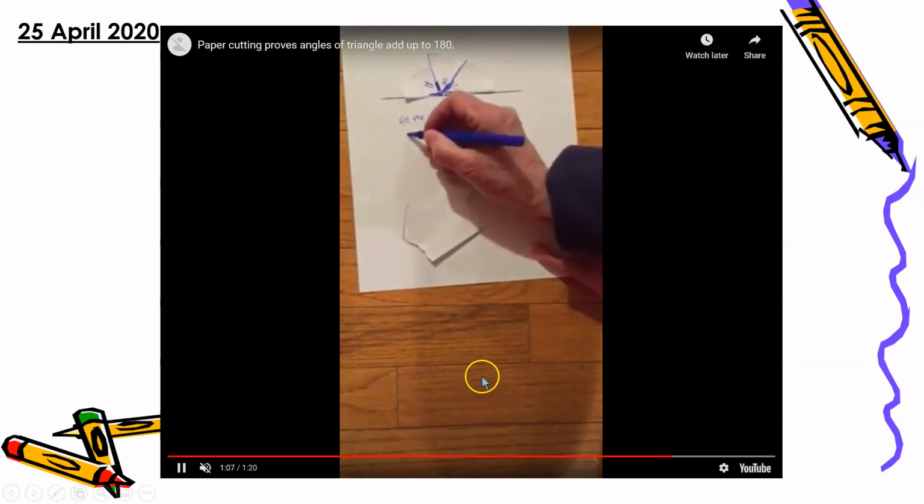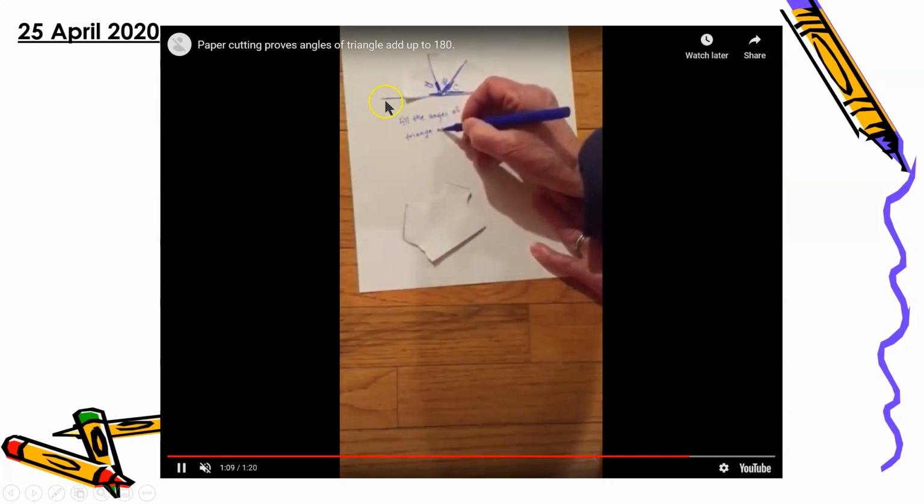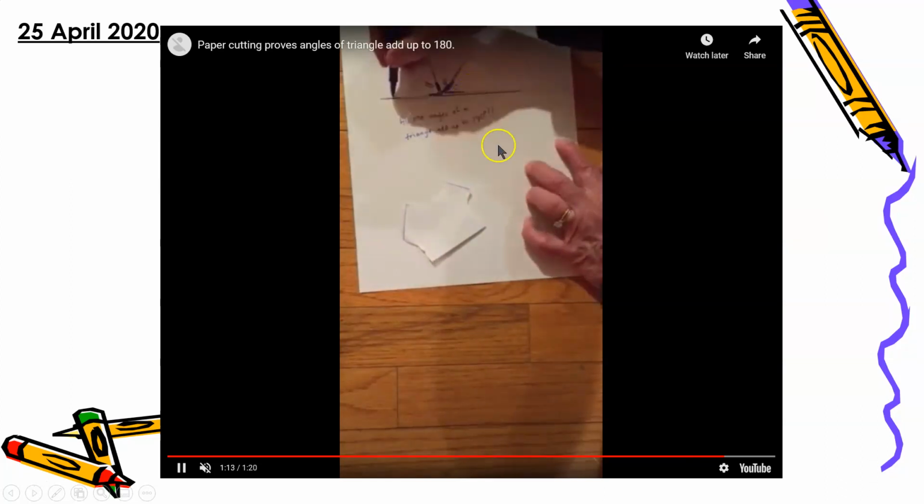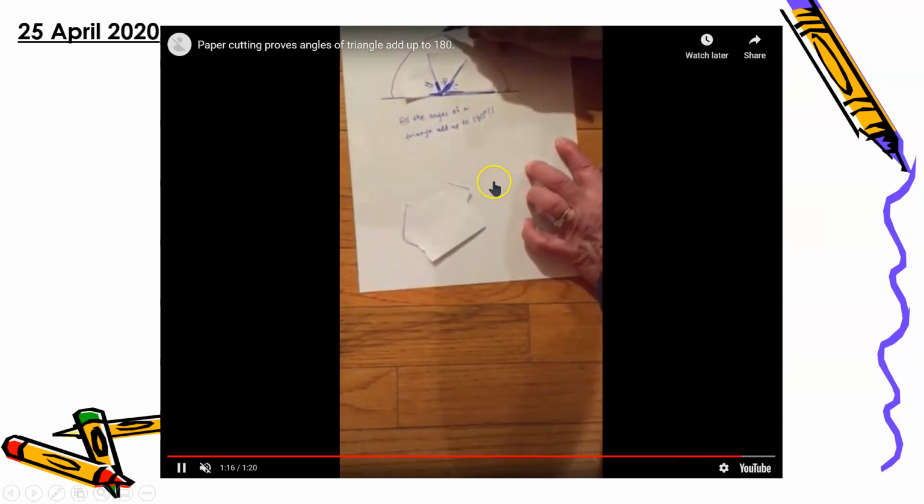Okay, so there you can see that the three angles we have here have created a straight line on this side, so A, B and C must add up to 180 degrees.